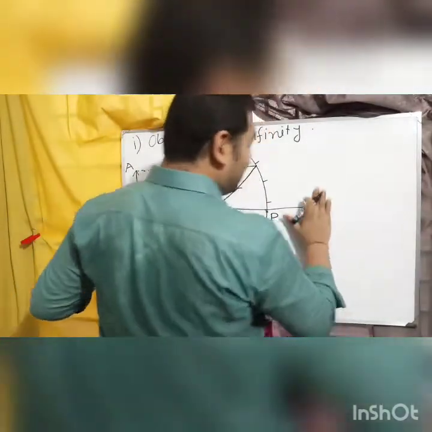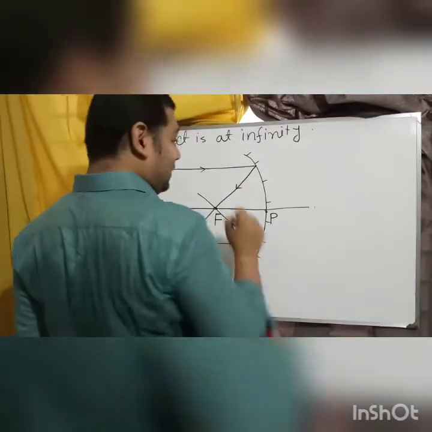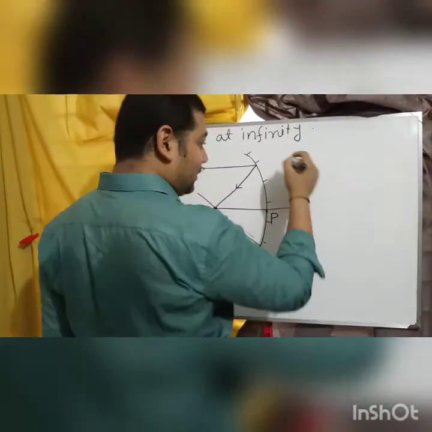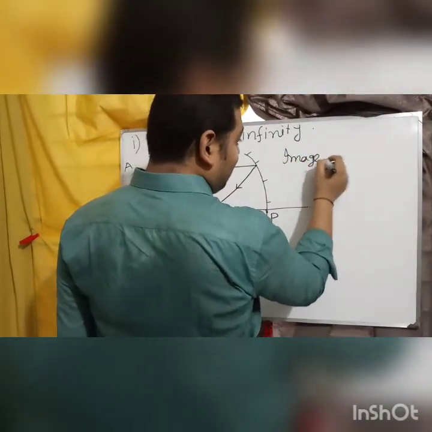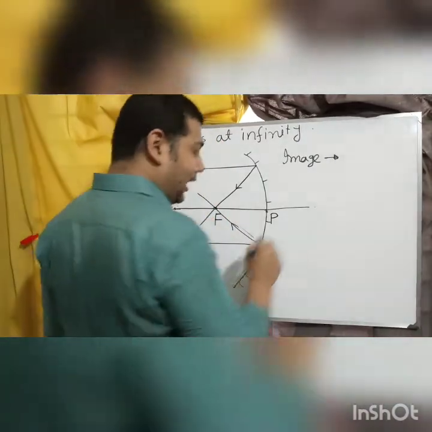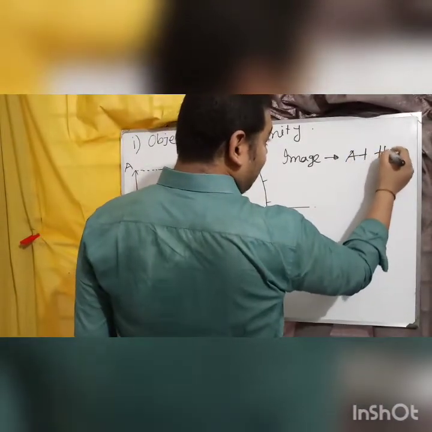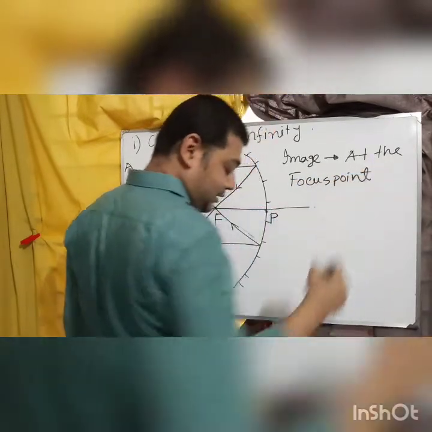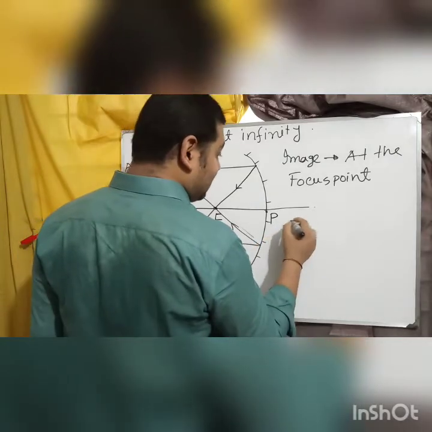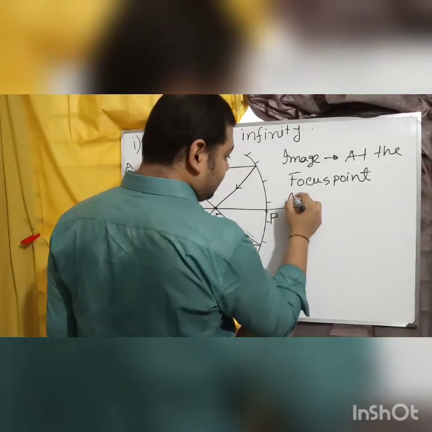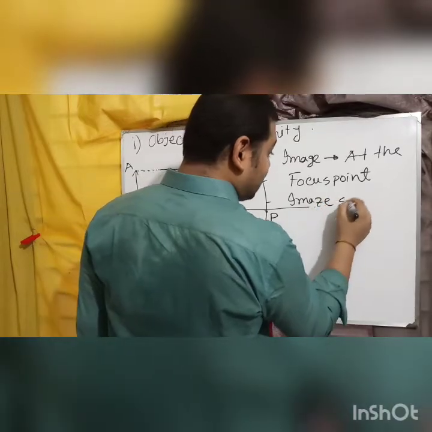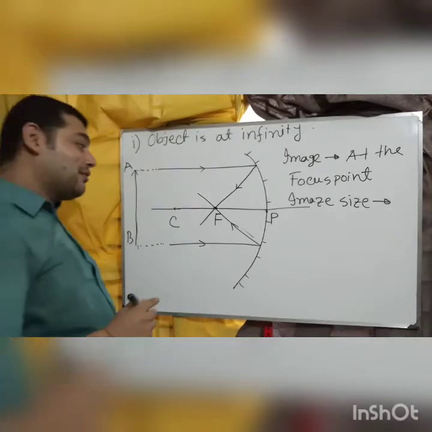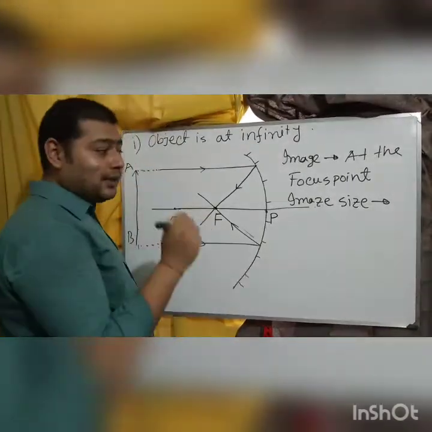For this position of the object, the image is situated at the focus point. Image size: we see that the image is highly diminished, and as small as a point.